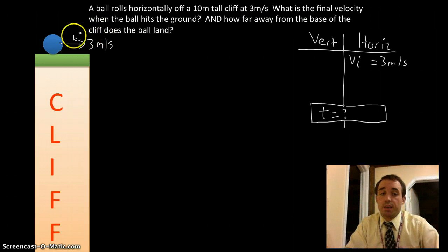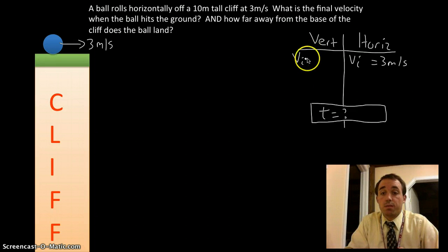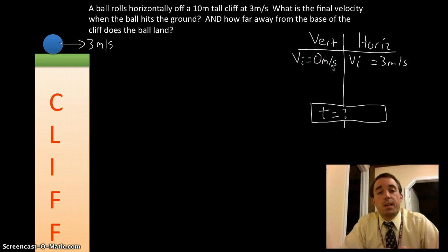Because gravity doesn't really care that it's going 3 meters per second. It cares only that it wasn't thrown upwards, nor was it thrown downwards. So our VI here is 0 meters per second.